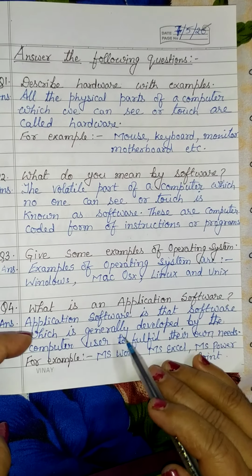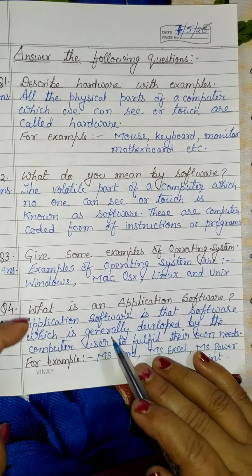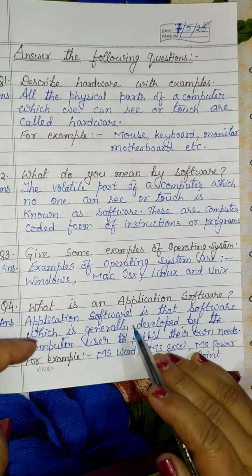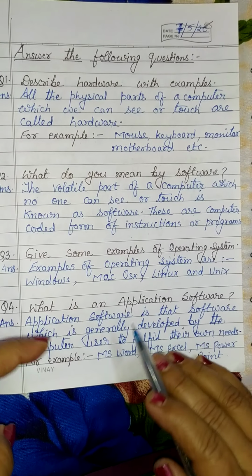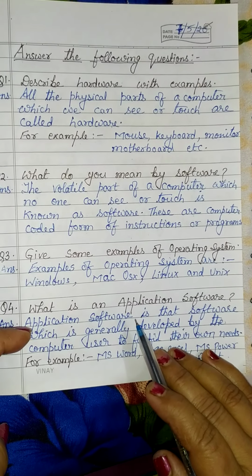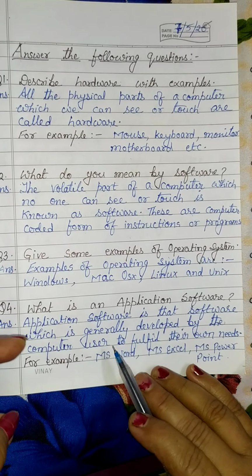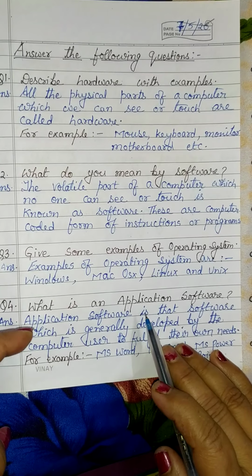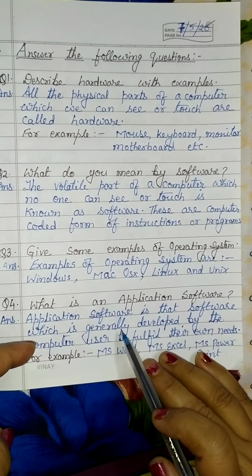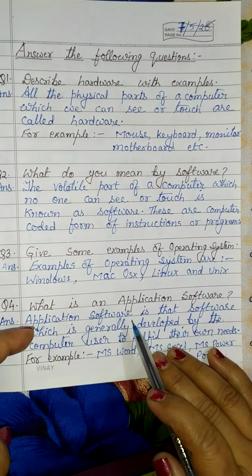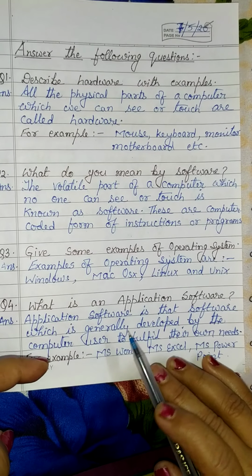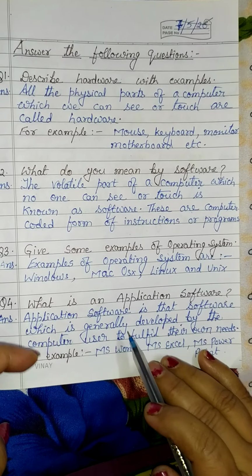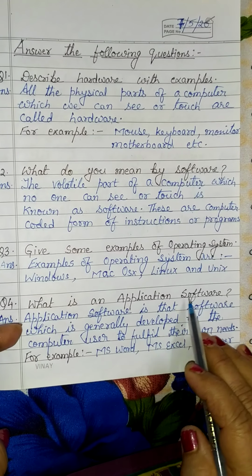As I have explained to you that every organization or every institution has their own application software which fulfills their own need. Just for example, in railways you will see software which fulfills their own need, because it deals with the trains, their reservation and the arrival and departure of the train.